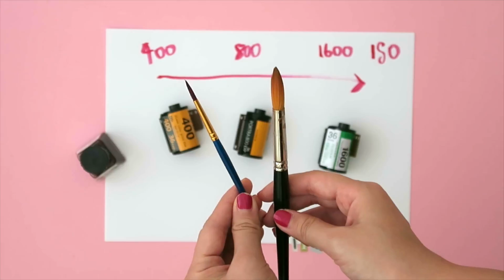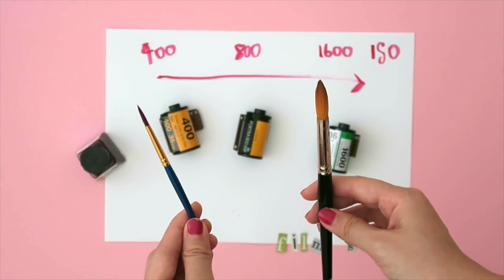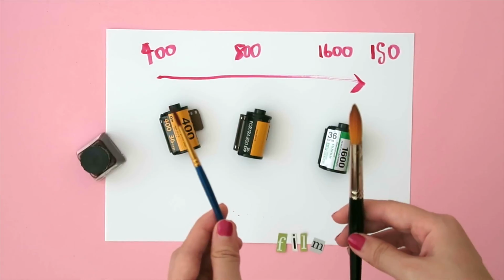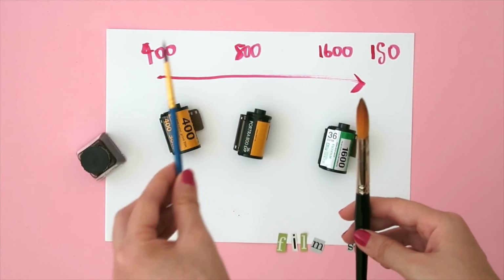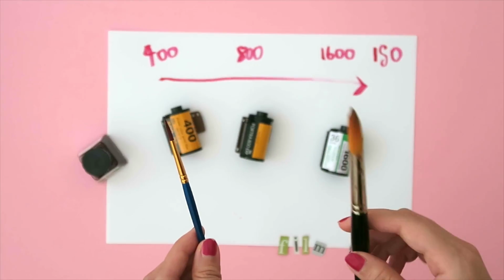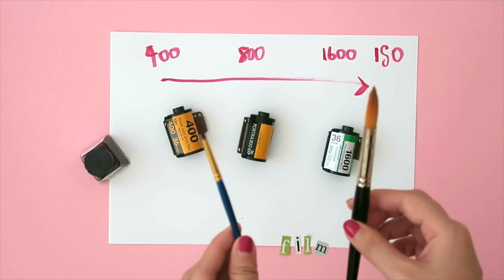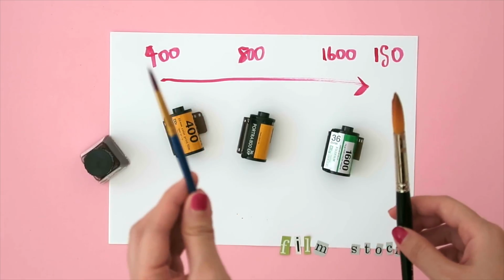So I'm going to use my 2 paintbrushes to try to explain how ISO works. If I were to use a smaller brush, I would take a longer time to paint a big picture because of its tiny brush. But if I were to use a bigger brush, it would be a lot faster to paint a giant picture.